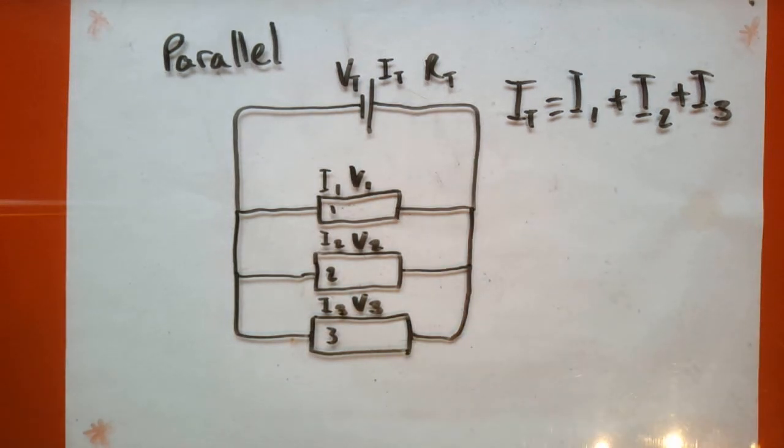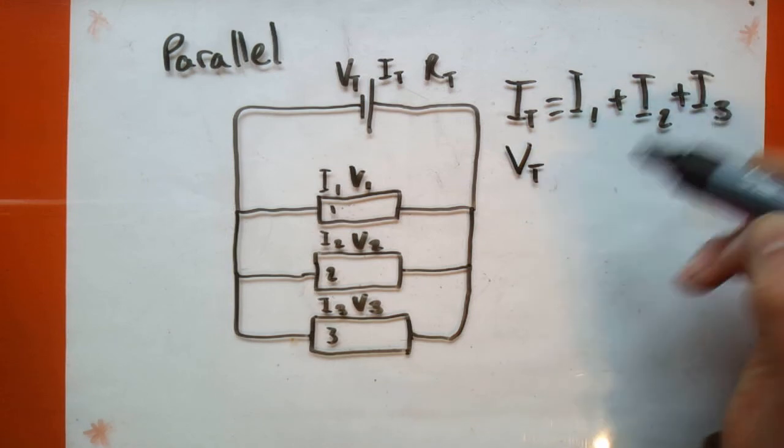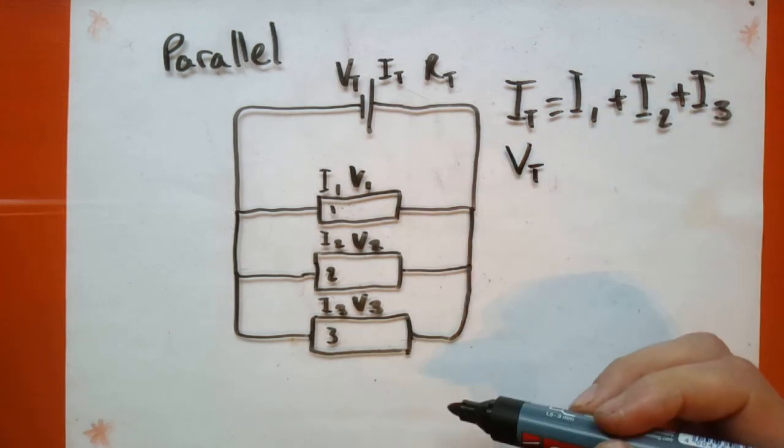Now, when resistors are connected in parallel, they have the same potential difference across them. Any components in parallel have the same potential difference across them. So therefore, for voltage, the total voltage is always the same at any position.